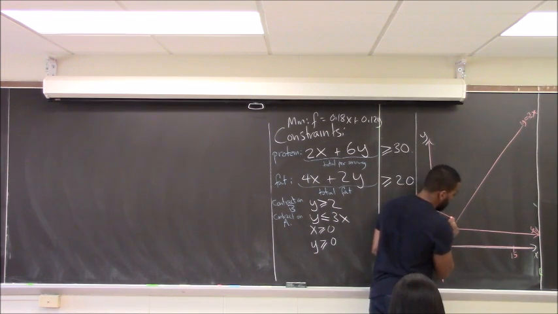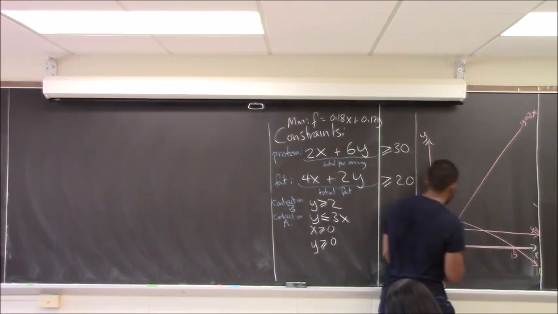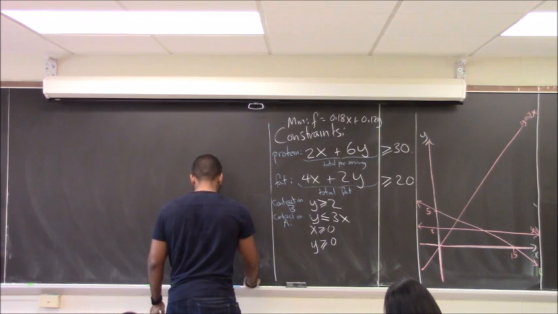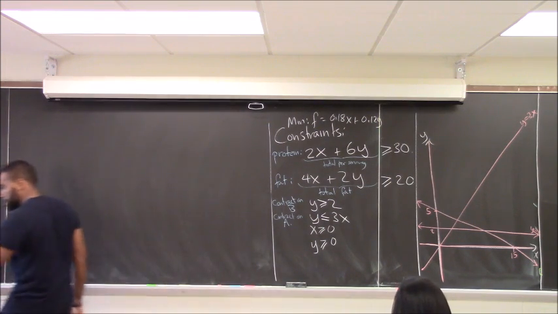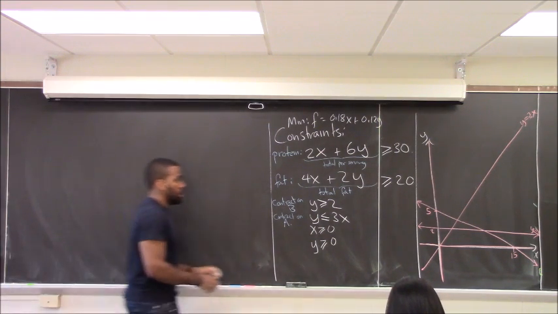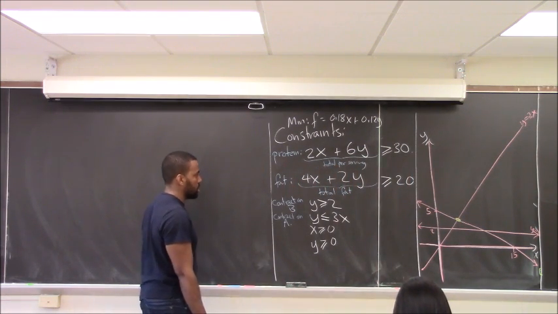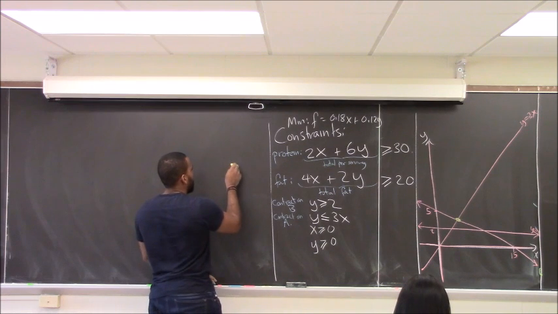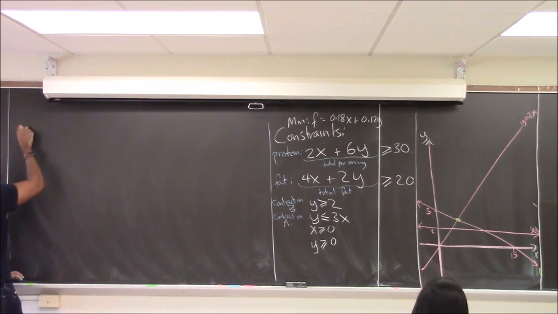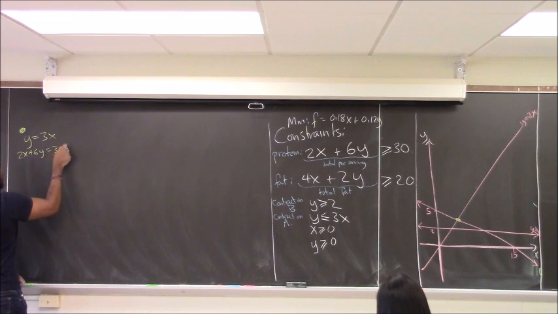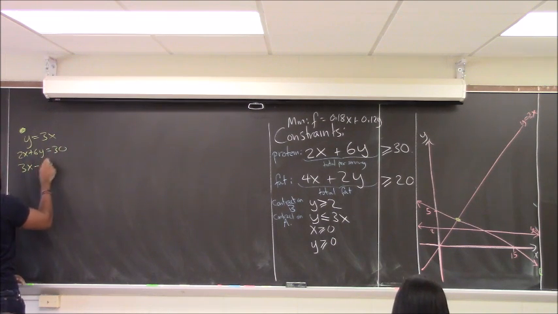Like that. Now, this is probably not going to be a solution, but I just want to know for now what this point is. Where does it actually intersect that point? For this point, one has y equals 3x, the other has 2x plus 6y equals 30, or in other words, 3x minus y equals 0.